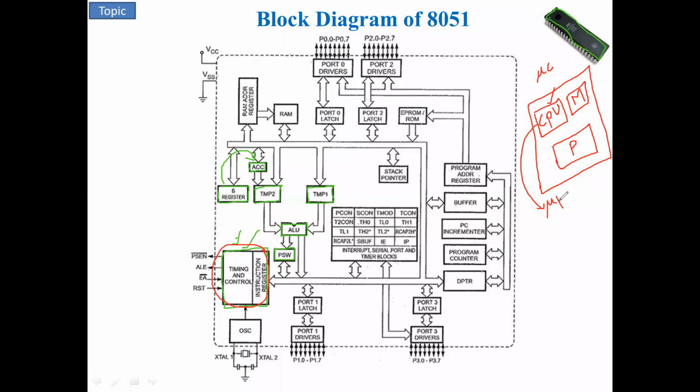This processing unit has 3 elements. Anybody can tell me? ALU, registers, and control unit. Yes. Here the ALU and registers come into the picture, like A, B, PSW, temporary registers.